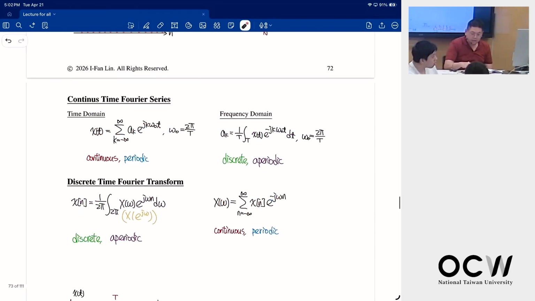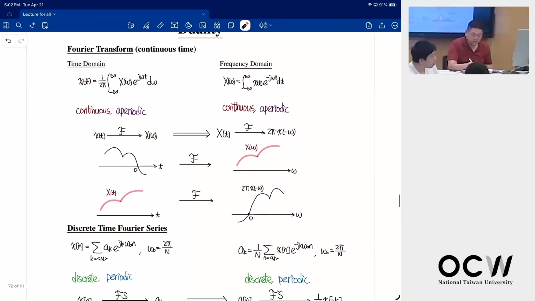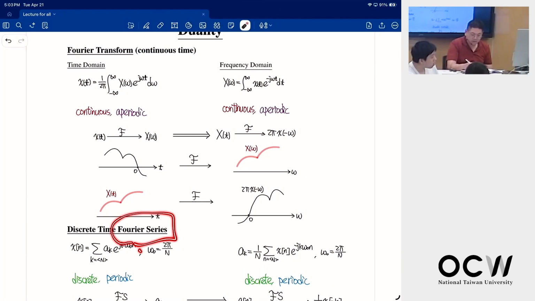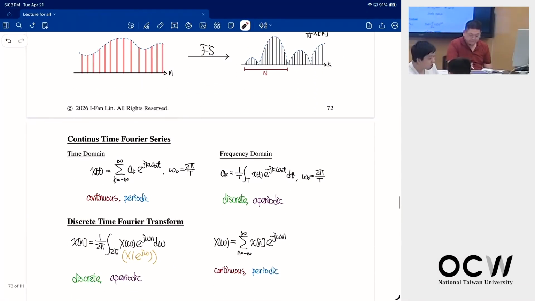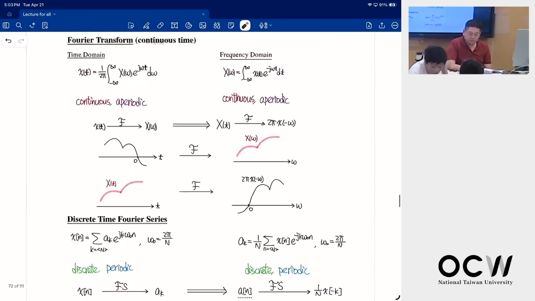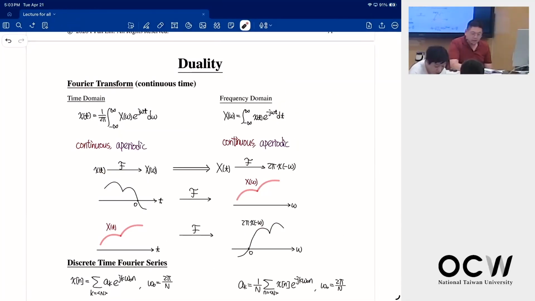So when we do the Fourier transform, it will always be aperiodic. And if you do the Fourier series, that's periodic. Okay. Now the question is, in frequency domain, because continuous time, then it should be continuous. Discrete time, it should be a discrete signal. But in frequency domain, what happens? For the continuous time Fourier transform, in frequency domain, it is still continuous and aperiodic.